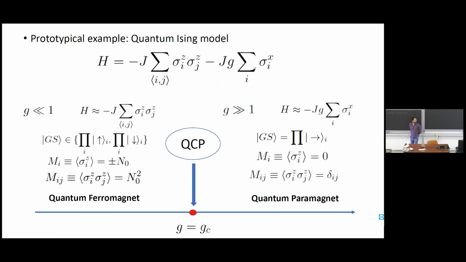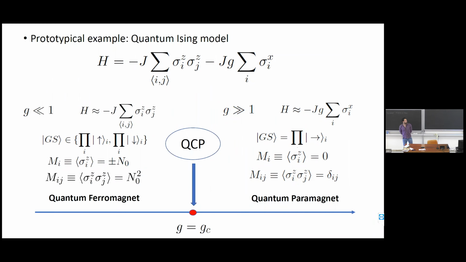So there are two obvious regimes in which the ground state is qualitatively different. On one hand, we may consider the case of having a very weak transverse magnetic field. In this case, the exchange coupling dominates, and the spins will be forced to align in either the up or down direction.